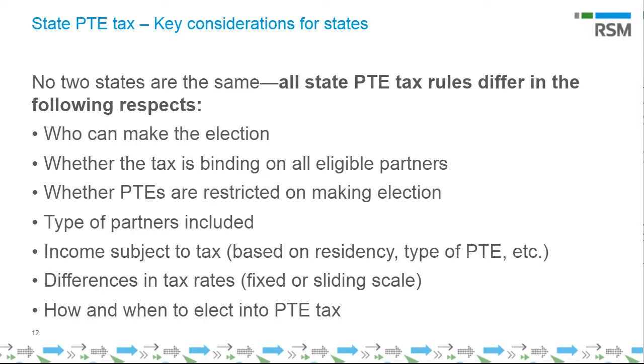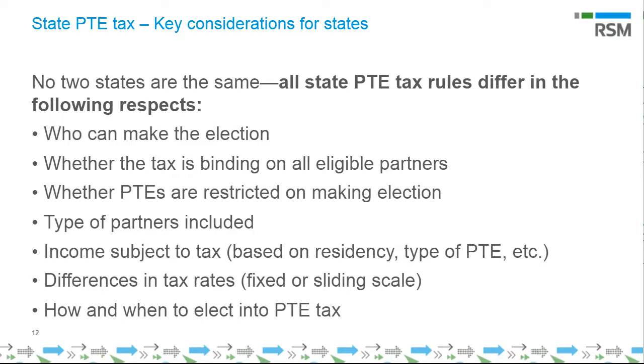And so when it's distributed to partner A, since I paid $50 on his behalf, they would get a federal line one amount of $450, which is the 500 minus the 50. And partner B, the New Jersey resident, would get 500 minus $40 and would get $460 reported on his federal K-1.